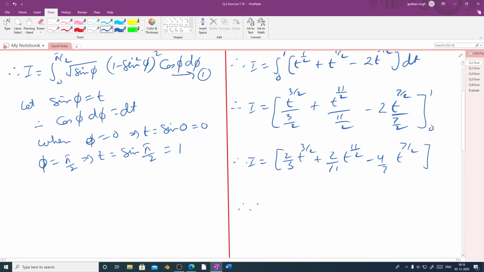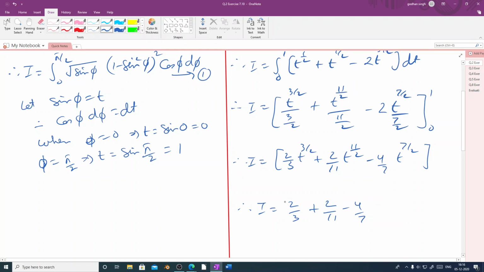Now we'll put the value of 1 first. We get 2 by 3 plus 2 by 11 minus 4 by 7, because putting t as 1 gives the value 1 only, since 1 raised to any power is 1.